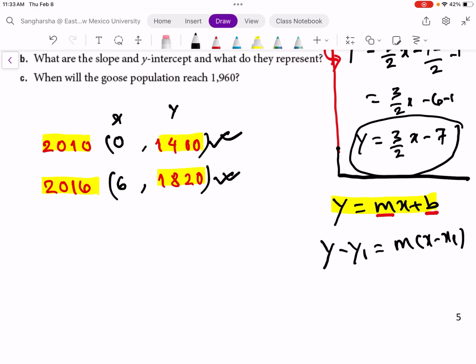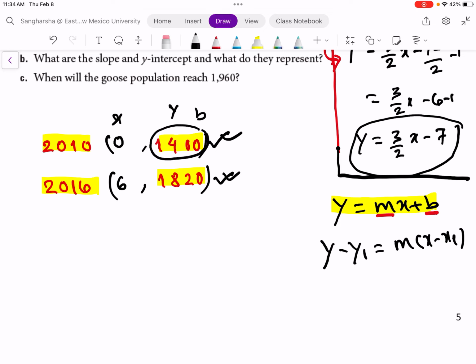If we have any point with x coordinate 0, then that is the y-intercept. Do we have any point with x equal to 0? Yes, (0, 1400). So 1400 is our b, the y-intercept.